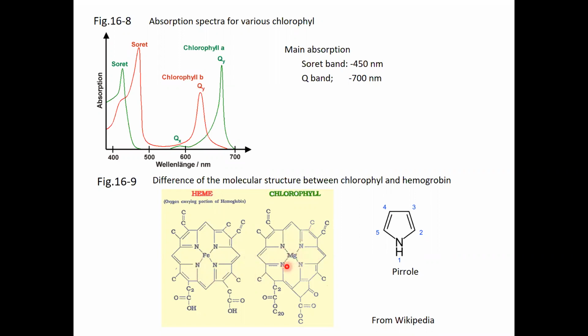Chlorophyll is made of a magnesium complex, but heme has an almost similar structure, but the center metal is different. It's made of an iron complex. By the way, this basic structure is called pyrrole. So four pyrrole structures are connected to each other, and that makes chlorophyll and heme the basic structure.